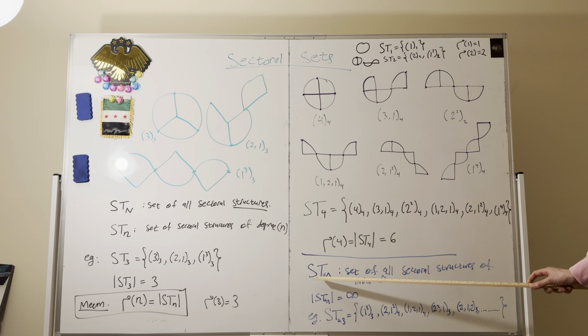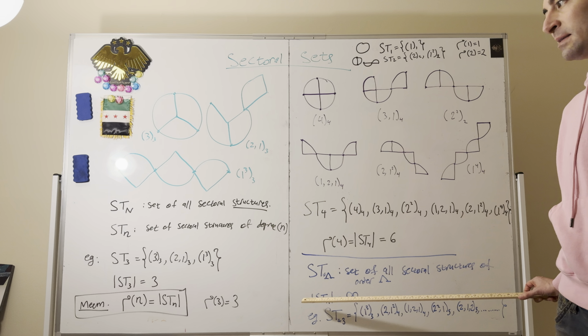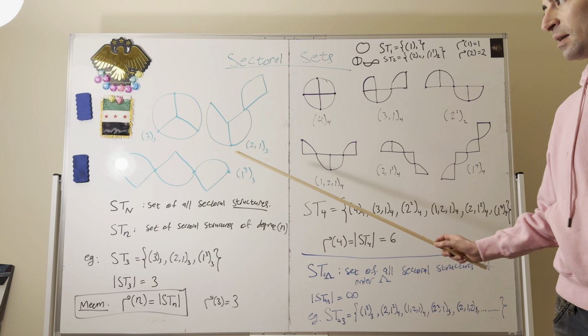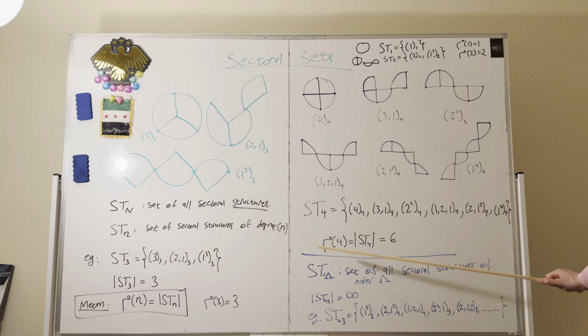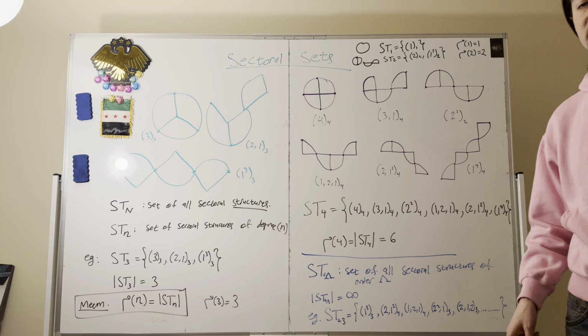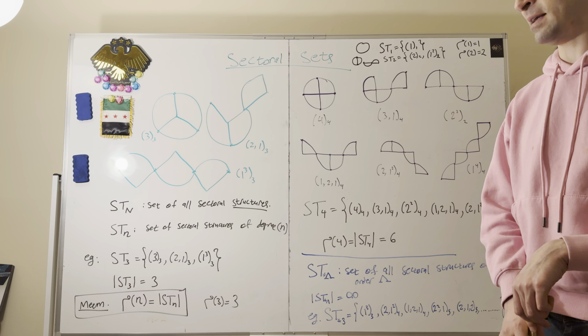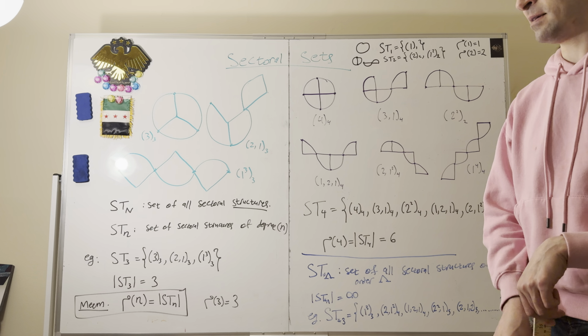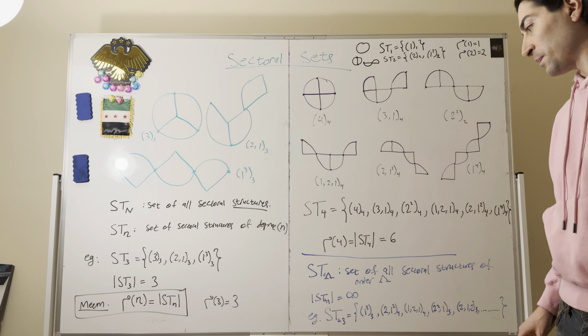Now, ST star lambda sets are also subsets of ST capital N. However, each of these subsets is an infinite subset. So now we're seeing a very different way to divide ST N. Each of them has a magnitude of infinity.